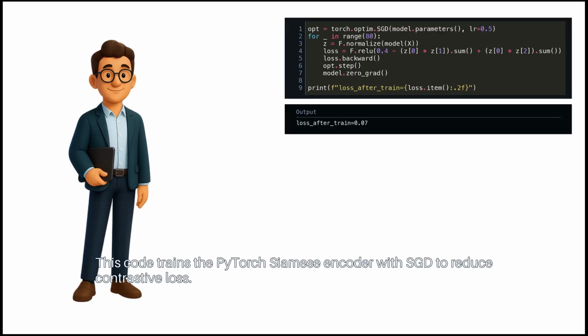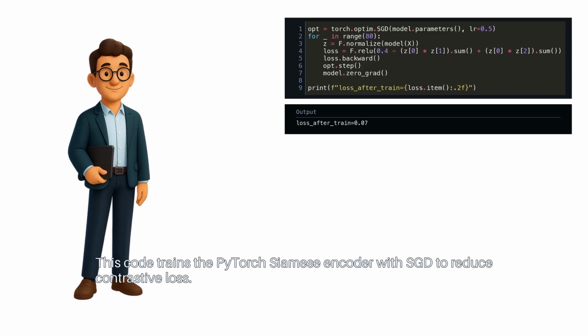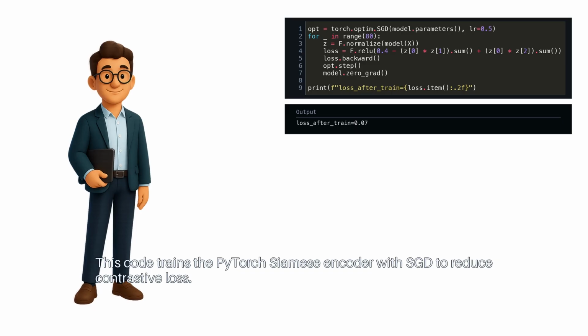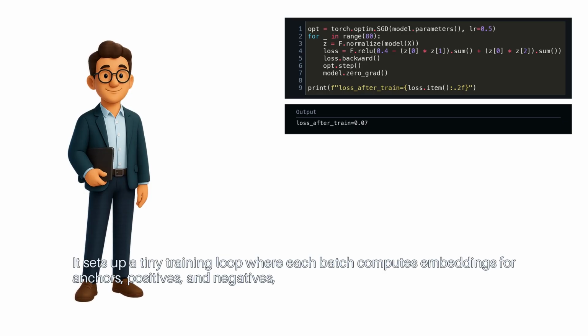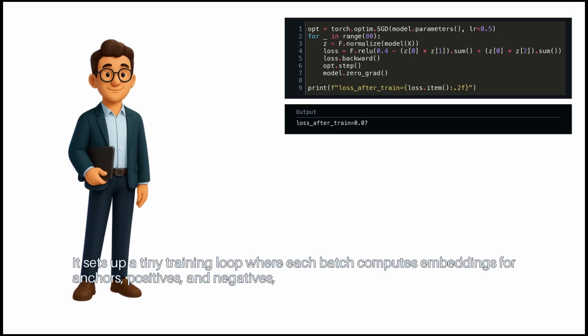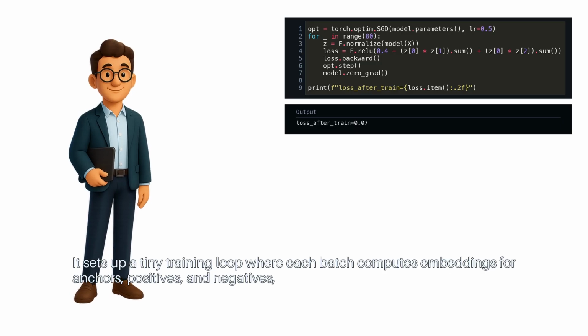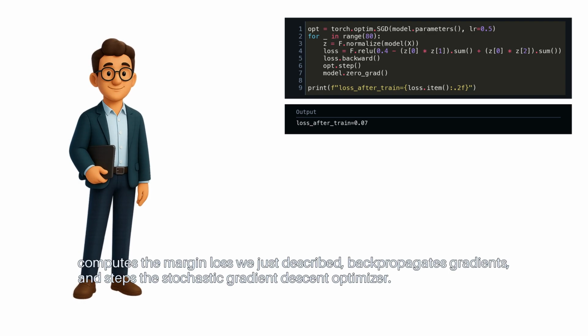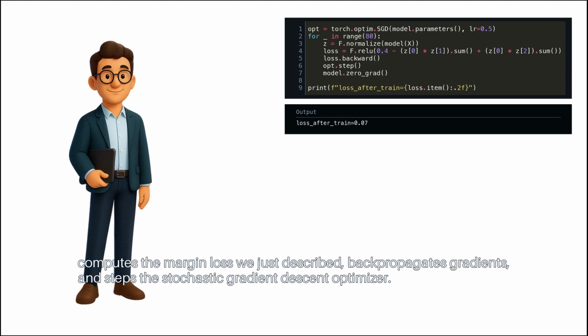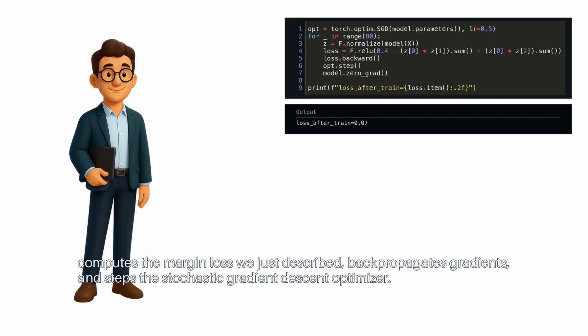This code trains the PyTorch Siamese encoder with stochastic gradient descent to reduce contrastive loss. It sets up a tiny training loop where each batch computes embeddings for anchors, positives, and negatives, computes the margin loss we just described, backpropagates gradients, and steps the stochastic gradient descent optimizer.